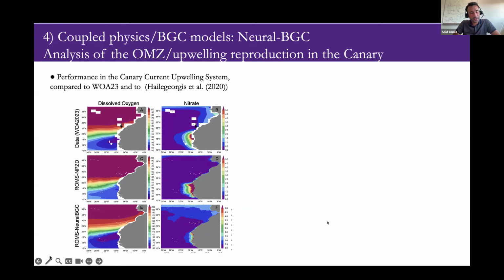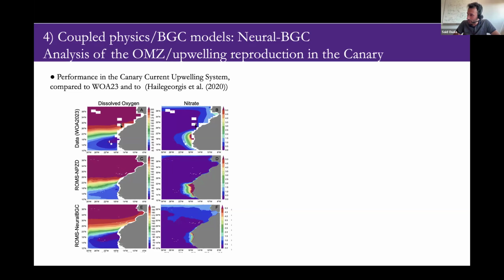So from here, we were skeptical. I mean, the model was working quite well in the Canary simulation configuration, but has some issues simulating the intense OMZ in the Arabian Sea.